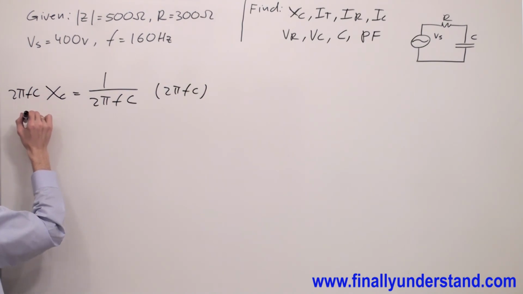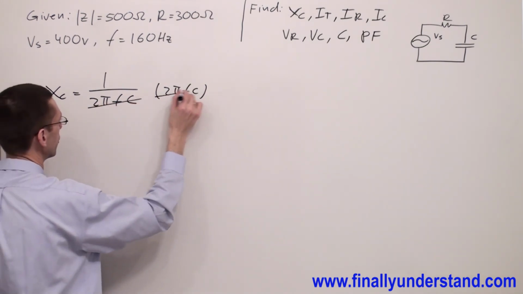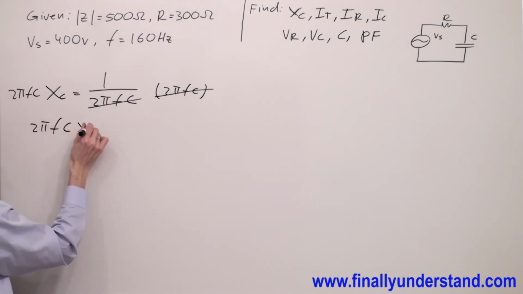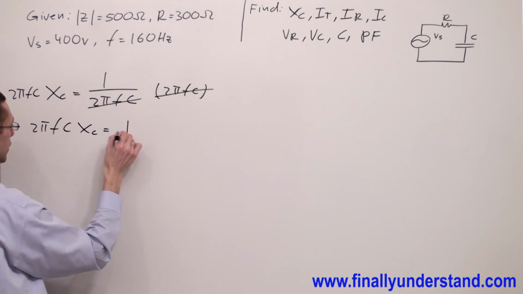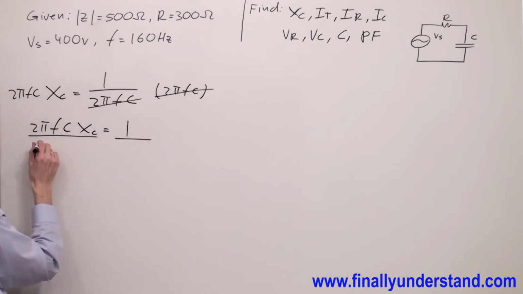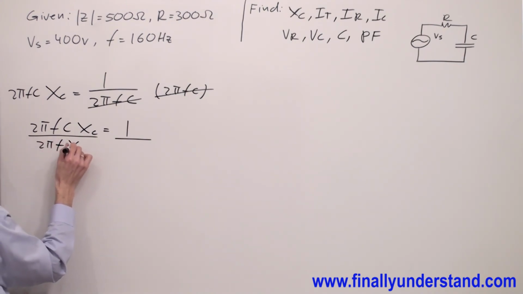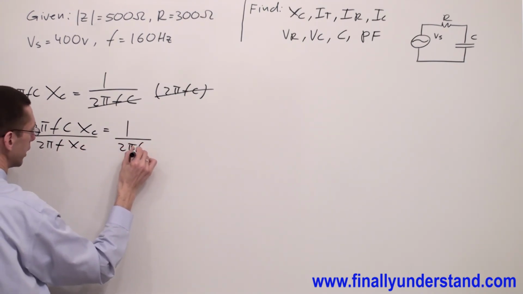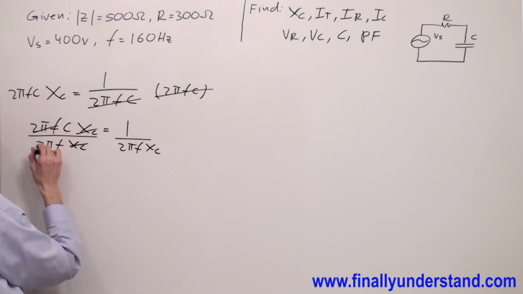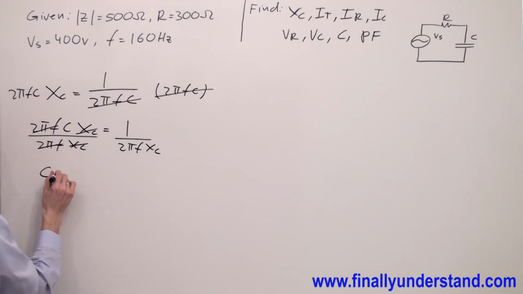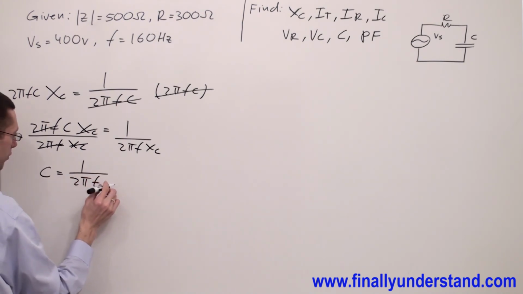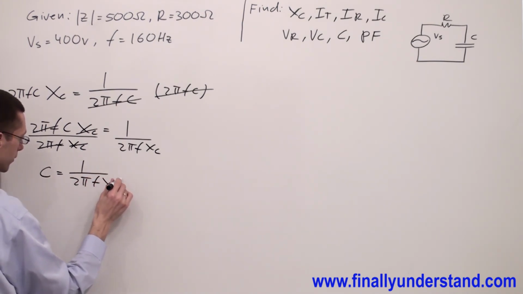So 2 pi fC and 2 pi fC will cancel out, and I'm going to have 2 pi fC XC is equal to 1. In order to find C, I have to divide both sides of my formula by 2 pi f XC. So XC and XC will cancel out, 2 pi f and 2 pi f will cancel out. So C is equal to 1 over 2 pi f XC.